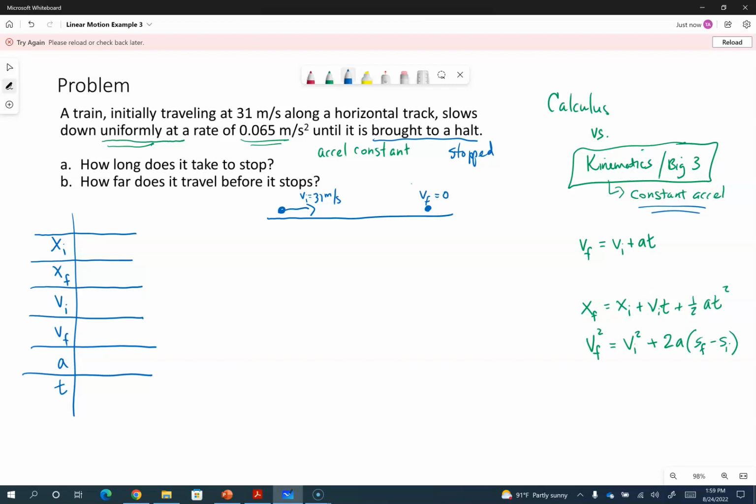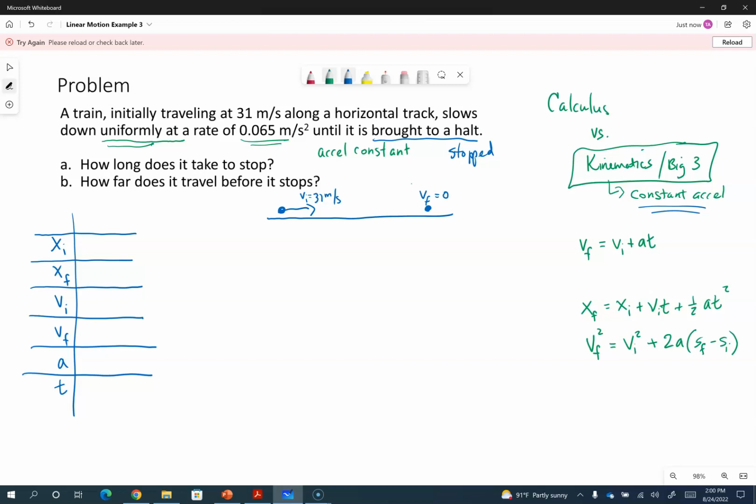In order to label V initial, V final, the plus or minuses that represent the directions, I need to choose a coordinate system to work with, and I need to put that coordinate system, its origin, someplace. The nice thing is it doesn't matter where I put it. I just have to base my plus and minus signs that represent directions off the coordinate system I choose to use.